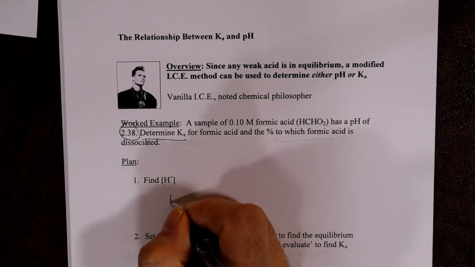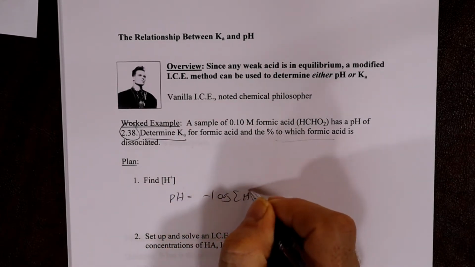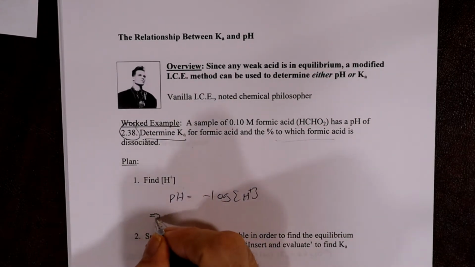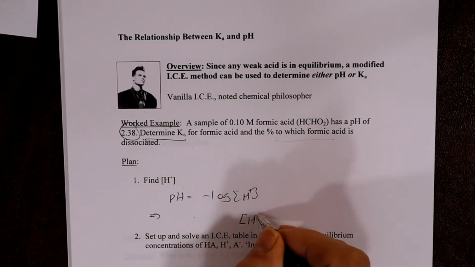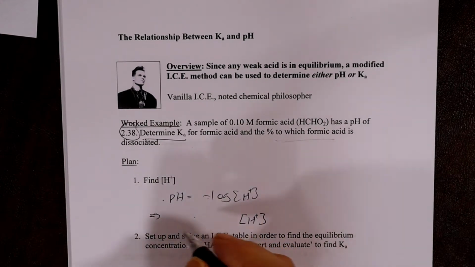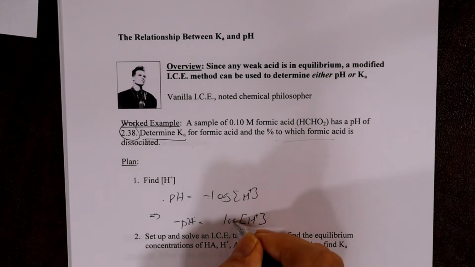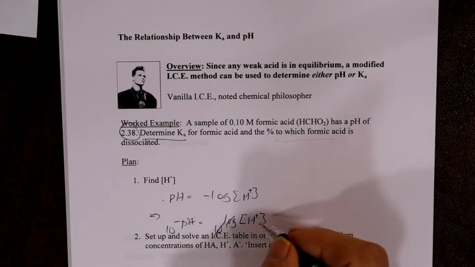Now remember, pH equals minus log of the H plus ion. So if I do a little bit of math there, I'll leave H plus over here just to show you. I move the sign over there: minus pH equals log of H plus, and then 10 to that, that'll cancel, equals H plus.